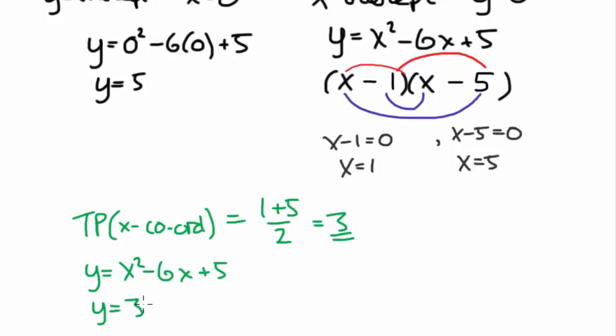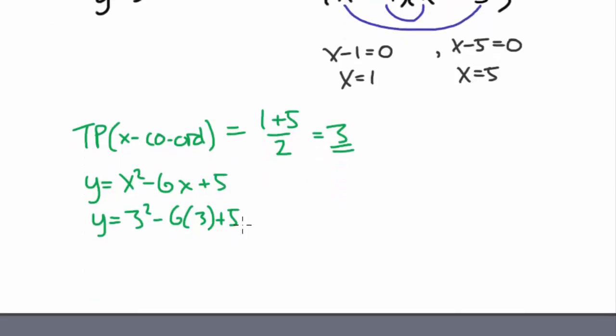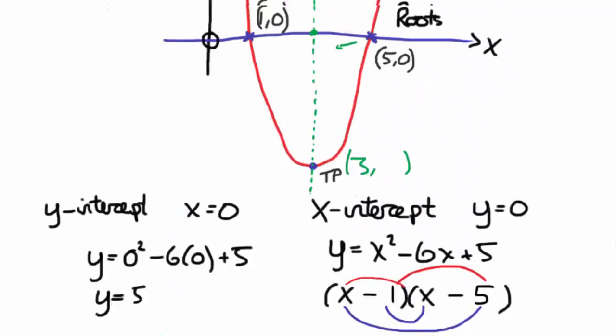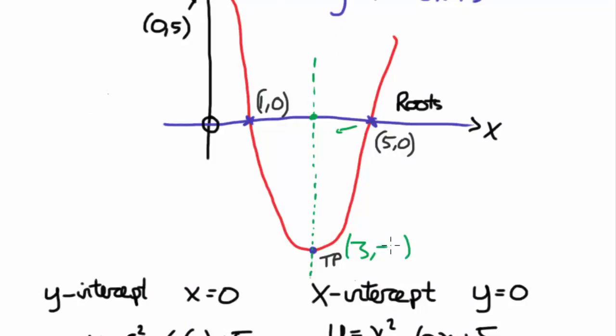So that's 3 squared minus 6 times 3 plus 5. That equals 9 minus 18 plus 5, so that's minus 9 plus 5, which equals minus 4.